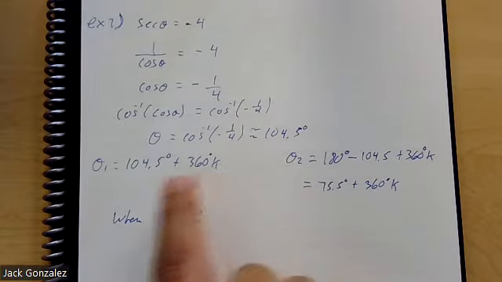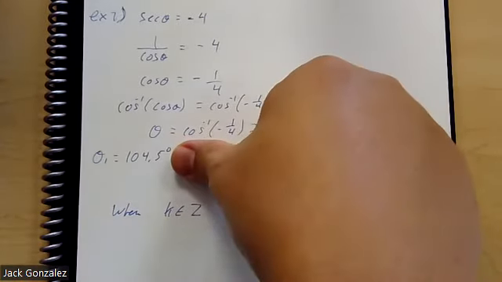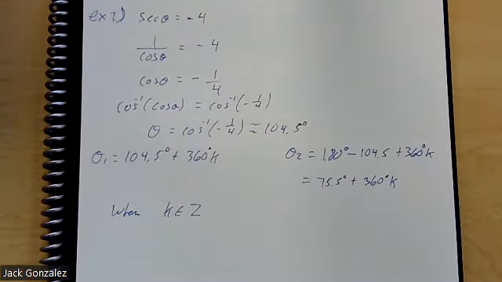If K is 0, then I get the straight up that answer, right? If K is 1, then I get one revolution. K is 2, I get another one. It just keeps going. That's all that's telling us. K is an integer, or is any integer. That'll be better.